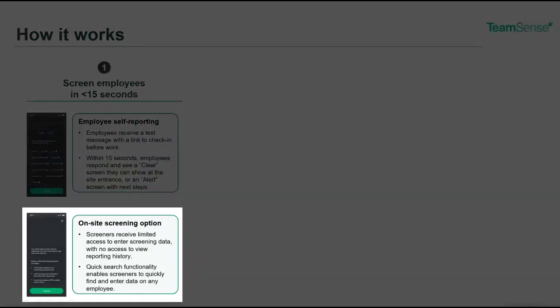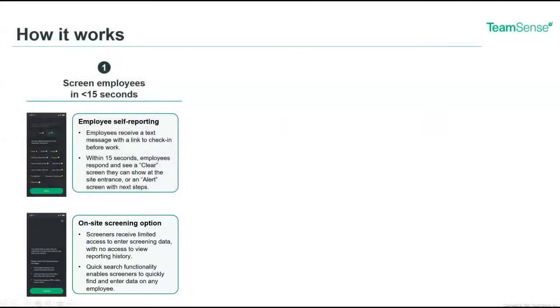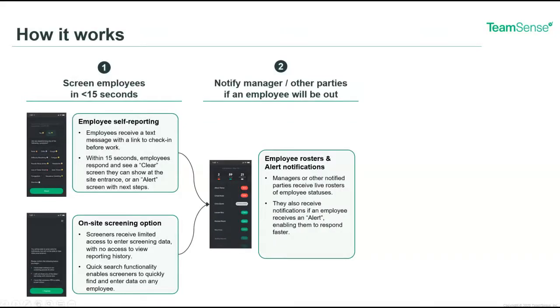In addition to self-reporting, we also have an option to screen employees on site. We find this most helpful for employees who don't have a smartphone or otherwise have limited Wi-Fi access and need to be screened by somebody else. As these employees complete their screenings, the results are loaded into a roster, which we send again via text to managers or other notified parties that have been designated by your organization.